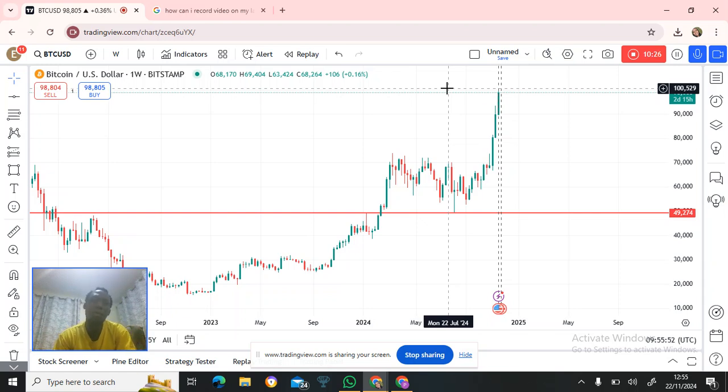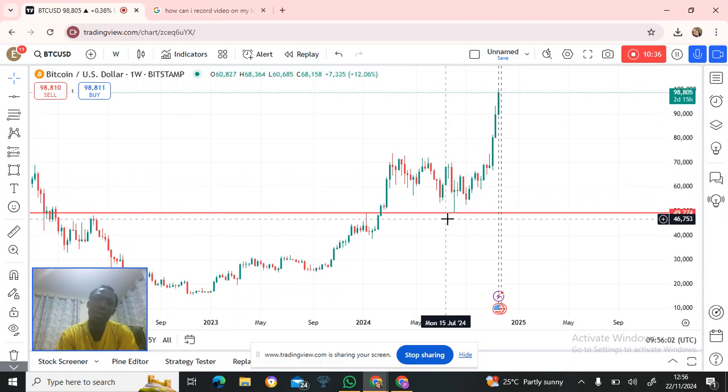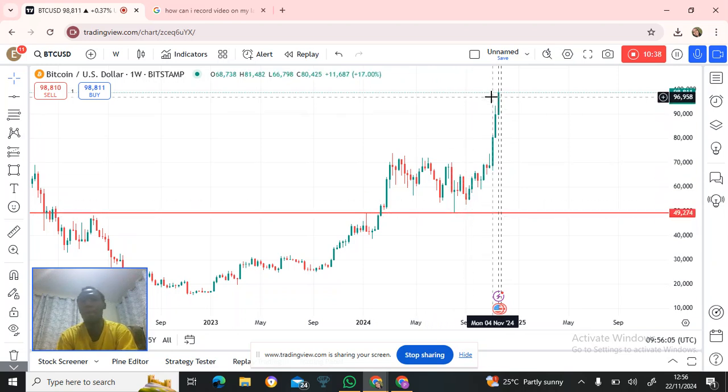You just have to know when to buy and when to sell. So buying technically means that there's demand. When you're selling, there's supply. So if you bought it at 49 and you sell it at 98K, you've made 100% of your capital. So that is how we trade in the stock market.